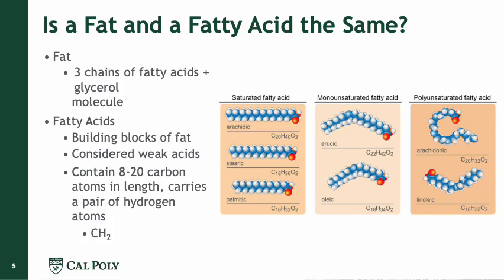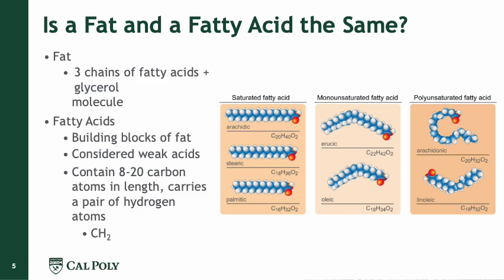So is a fat and a fatty acid the same? Well, a fat is a molecule that is formed by the combination of 3 chains of fatty acids plus a molecule of glycerol. So we have a backbone glycerol molecule, and then we have 3 fatty acids that are attached to this glycerol molecule.